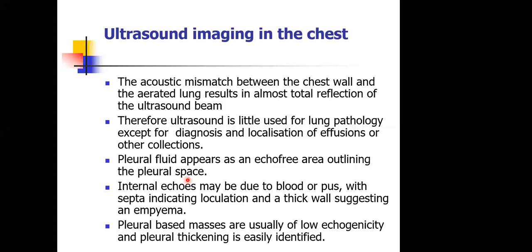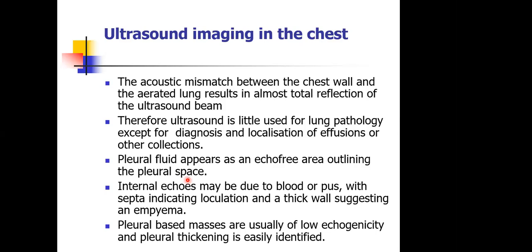So that is what we encounter when it comes to the thorax. In other words, we are only able to visualize what is happening within the chest wall and the pleural space. Beyond that, we can't see anything when the lungs are aerated.